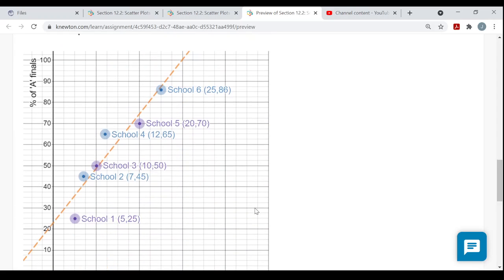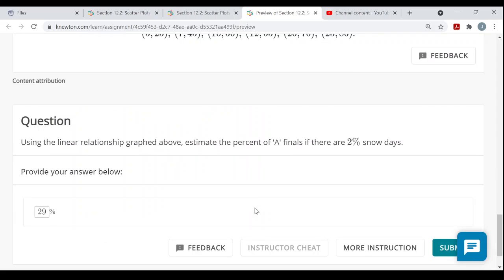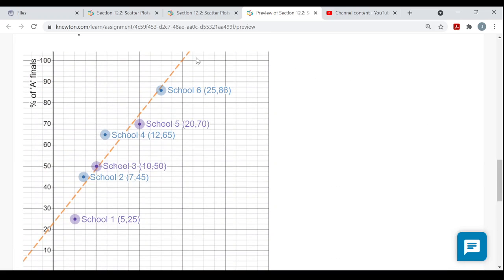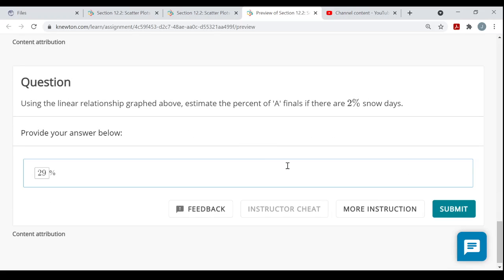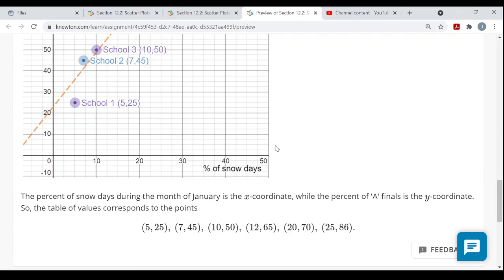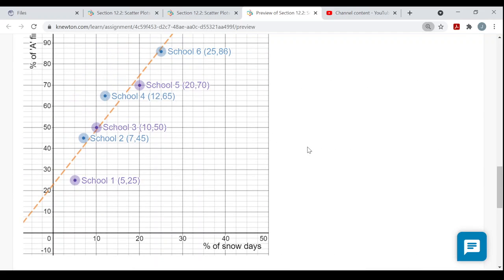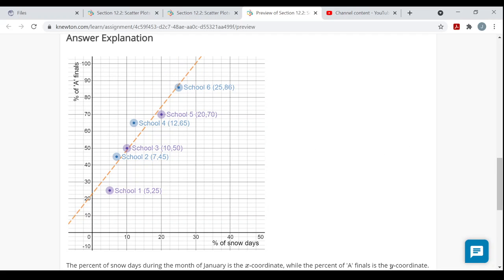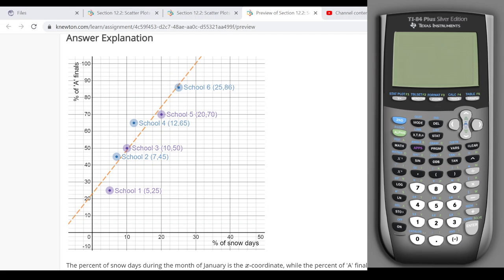Well, let me show you on the calculator how I can figure this out more easily. So remember I said this best fit line? This best fit line is given to us here. Let me show you real quickly how you can use the calculator to find it, and we'll do this in another video as well. So let me pull the calculator back up. I've already got that scatter plot.